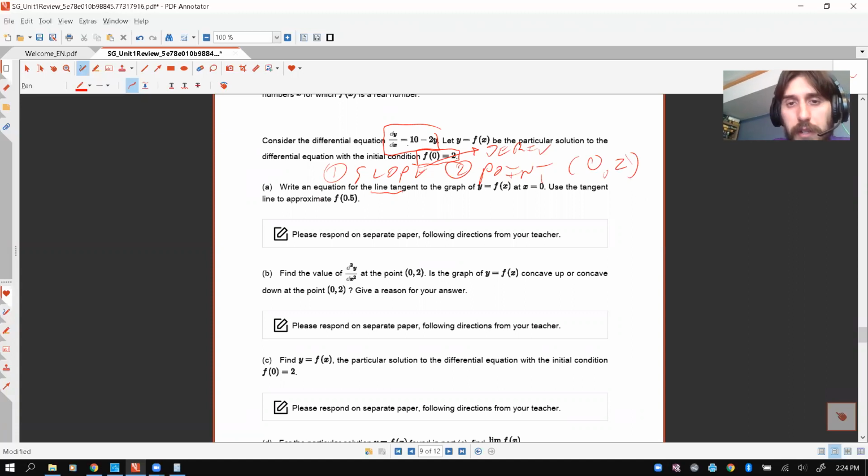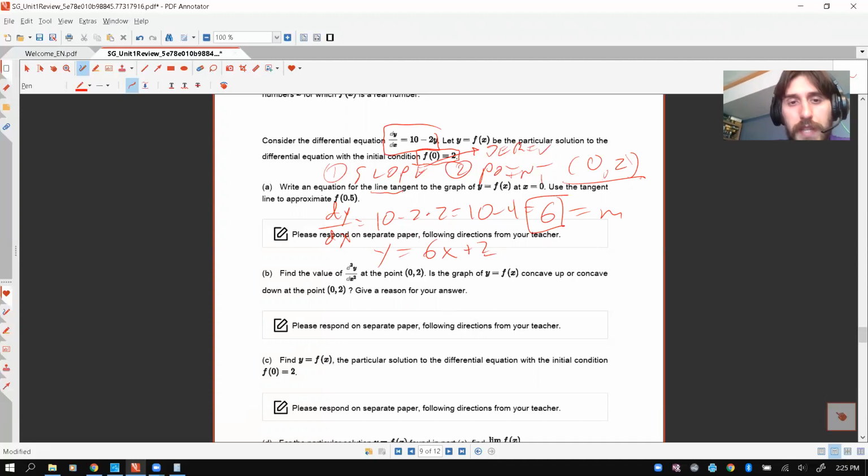So if I plug in 0 for x, there is no x in the equation. But if I plug in 2 for y, I'll get dy over dx is 10 minus 2 times 2, which is 10 minus 4, which is 6. So the slope is 6. And then my point is 0, 2, which it gives me right there. So then I can write that y is equal to 6x plus 2.